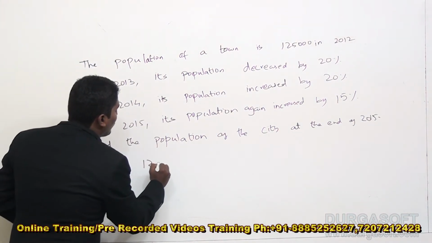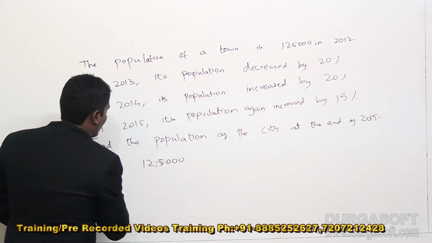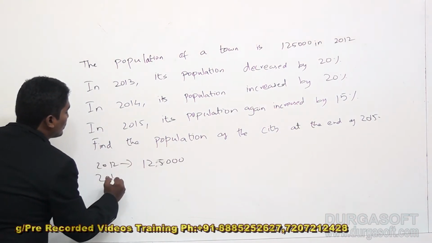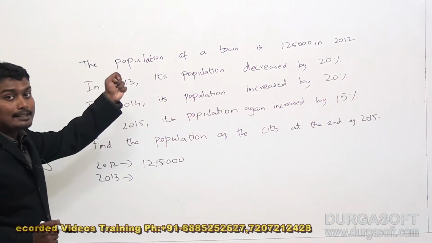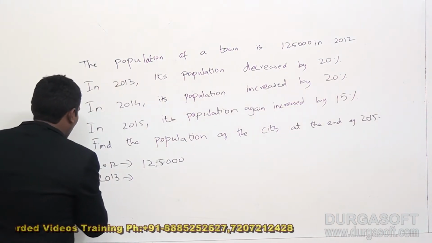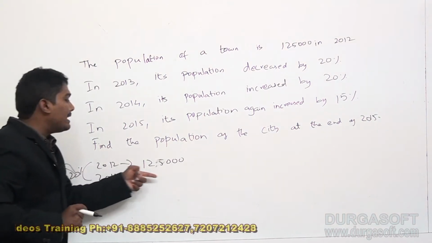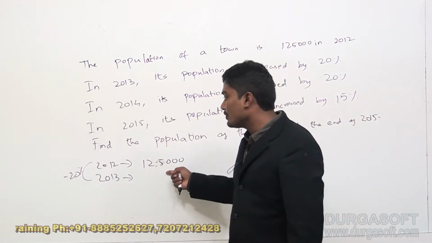Here the initial population was 1,25,000. This is in the year 2012. In 2013, the population has decreased by 20%. So minus 20%. As I already told you from the table, 20% is 1/5 of the value.